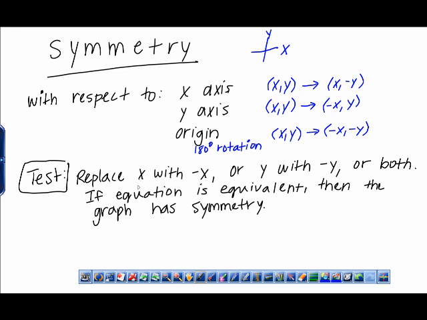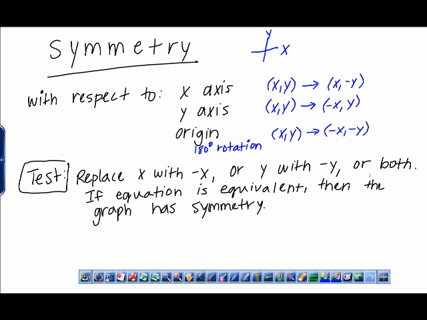If you can replace x with negative x, simplify it down, and it's the same equation, you have symmetry with respect to the y-axis. If you can replace y with negative y, then you would have symmetry with respect to the x-axis.